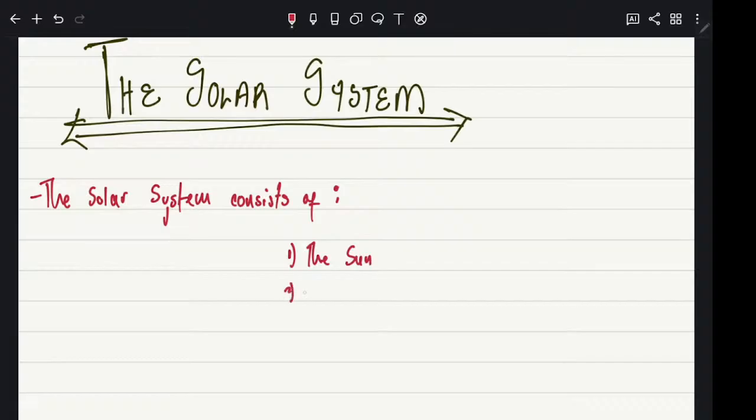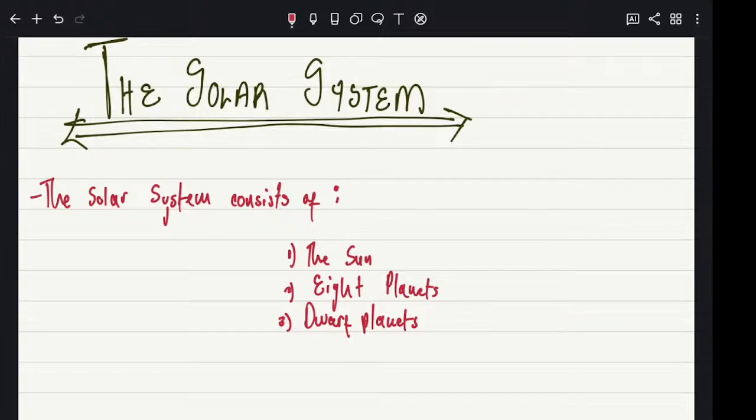Two, 8 planets. Three, dwarf planets. It's not part of the 8. Something else, dwarf planets.